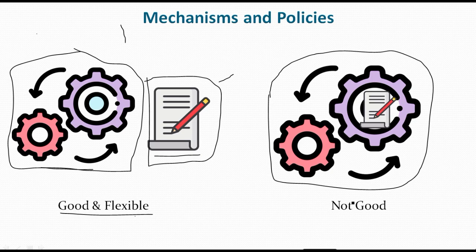If we implement the shortest job first policy, or the first come first serve policy, that will treat your user processes in a different way because of the policy. The mechanism remains the same, the CPU remains the same, the timer remains the same.